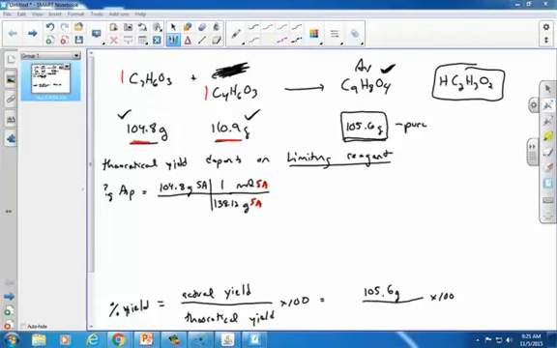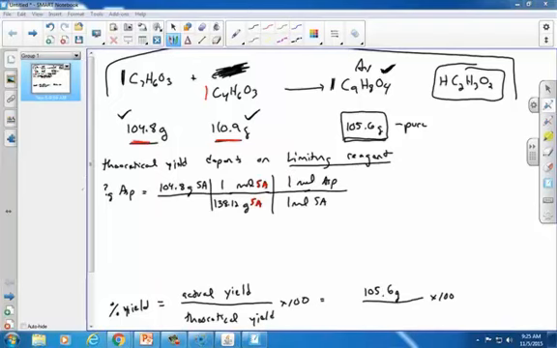The reason I did that was because if I want to relate one substance to another substance, it's the balanced reaction that tells me how to do that, the coefficients in the balanced reaction. So I can cancel 1 mole of salicylic acid. One of those is needed to produce 1 mole of aspirin.